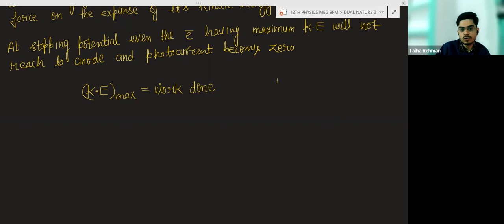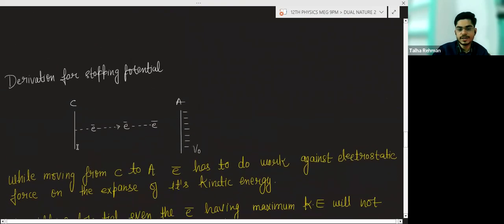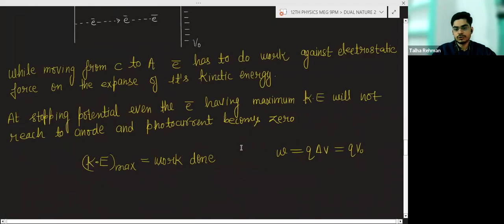And we have the formula of the work done: charge into delta V, and delta V is V naught. So that will be Q into V naught. Delta V is V naught because I am assuming this is at zero potential. So the electron is moving from zero potential to V naught, so work will be Q into V naught.